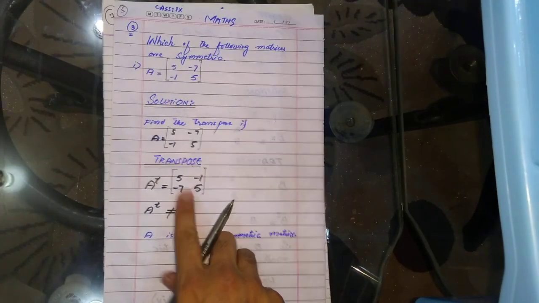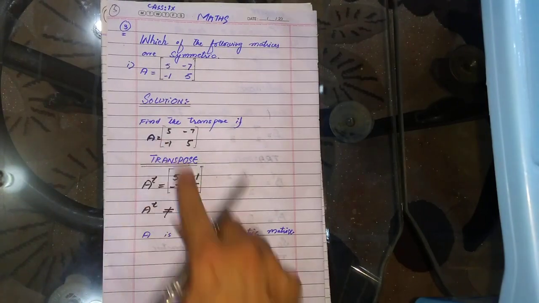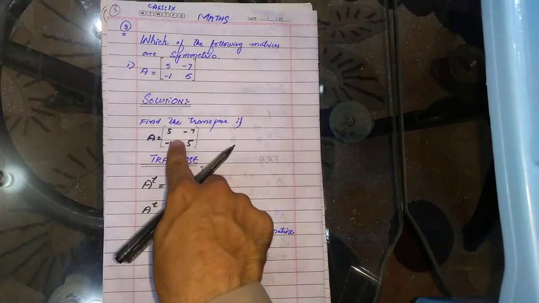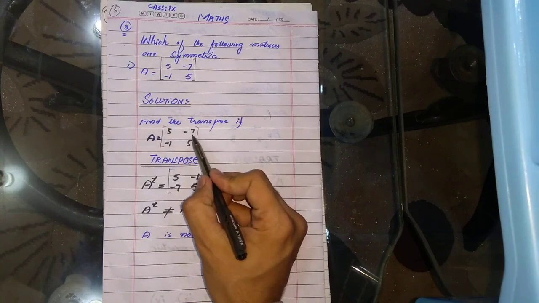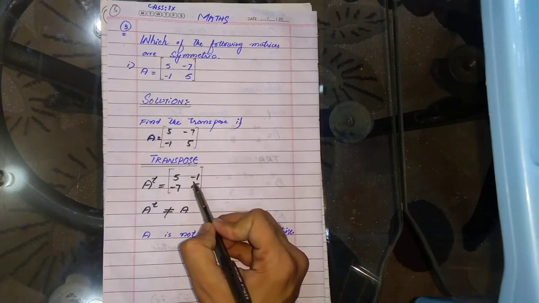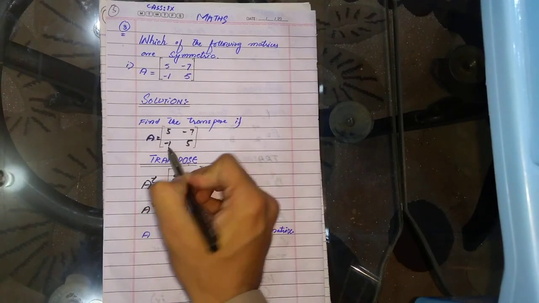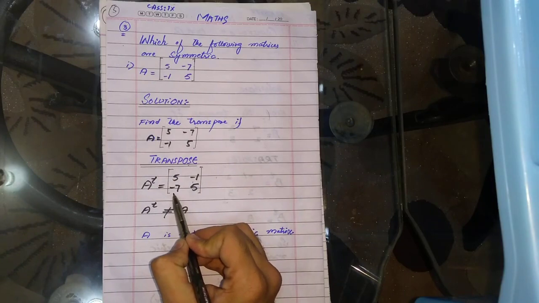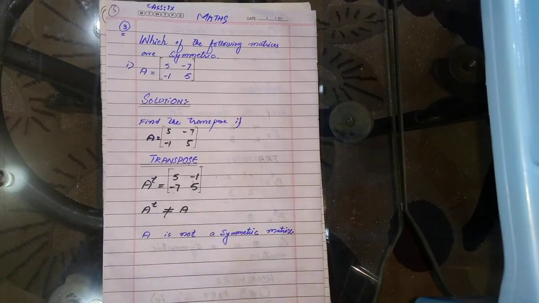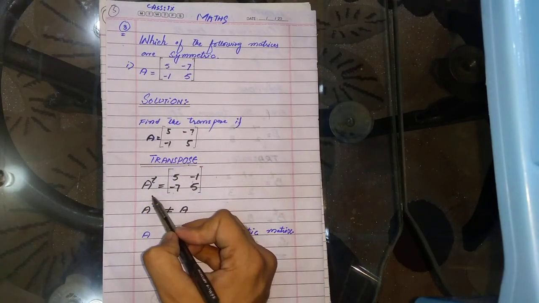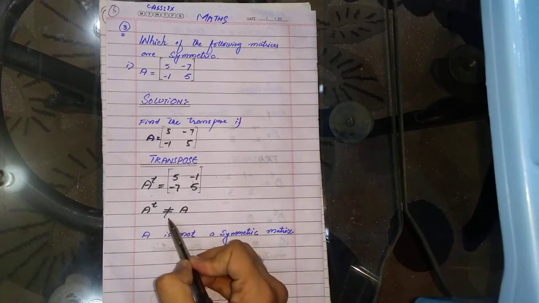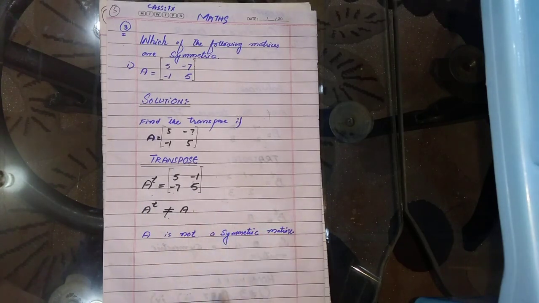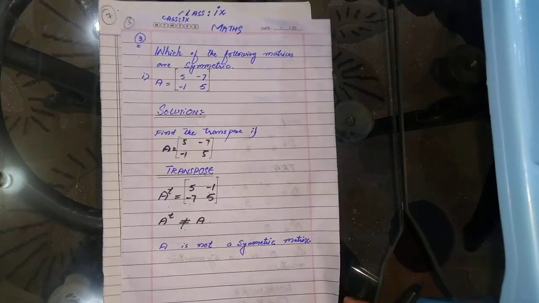Look here, the transpose of matrix A is not equal to A. Here we have -7 and here it is -1. Here we have -1, but in its corresponding position we have -7. So A transpose is not equal to A. You can say that A is not a symmetric matrix.